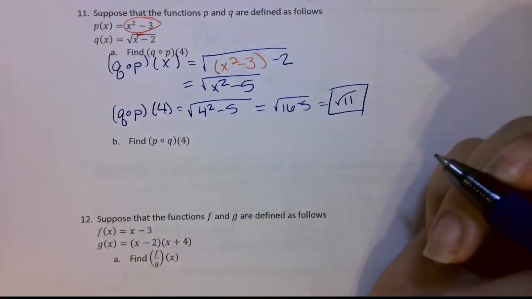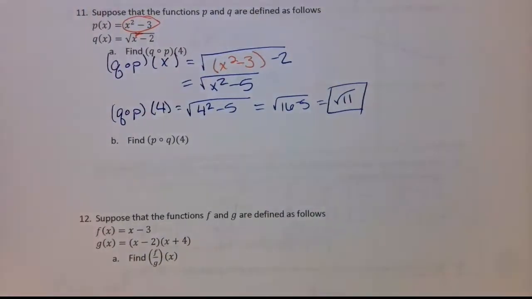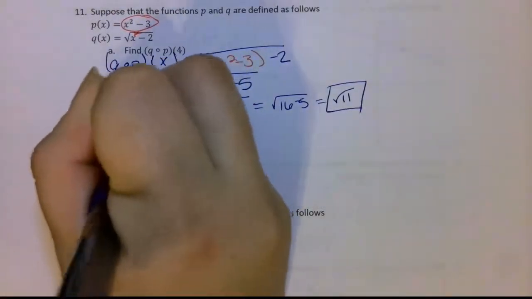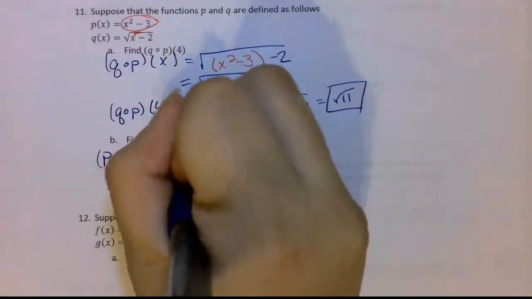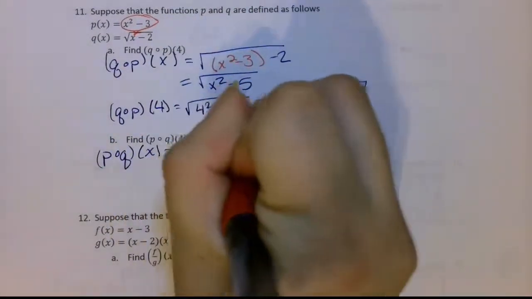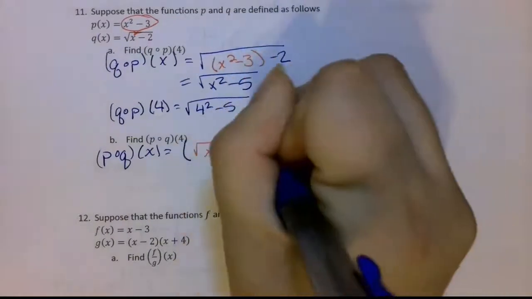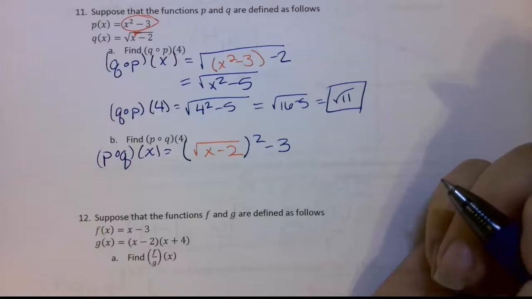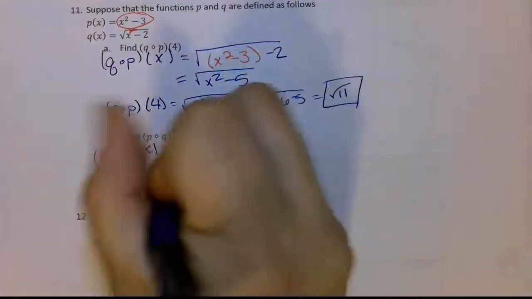On B, I'm doing it in the opposite order, so I'm going to be plugging in Q for this x for P. Okay, since I have a square root inside squared, those will cancel out.